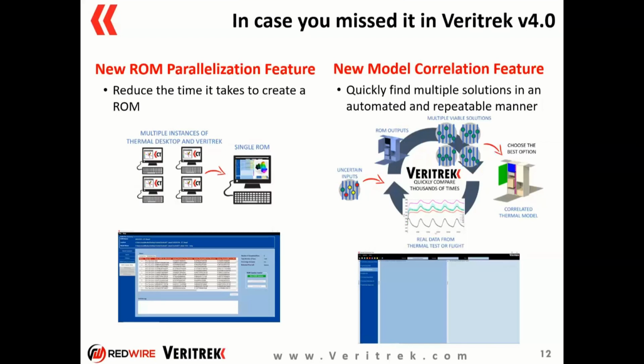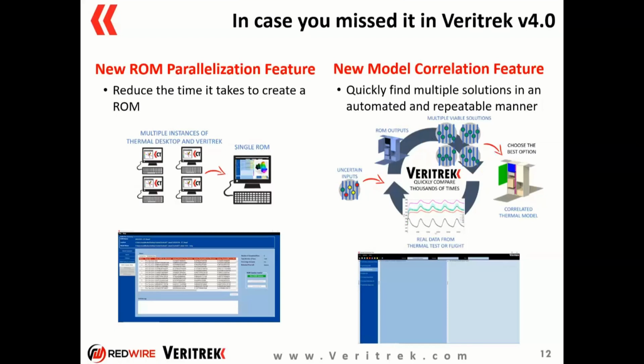And so a lot of our development and focus is geared towards mitigating or reducing that cost as much as we can. And that's what this ROM parallelization feature was really geared towards. It's to help reduce the time that it takes to create the reduced order model. What you can do now as of Veritrek 4.0 is split the training data into multiple batch files.